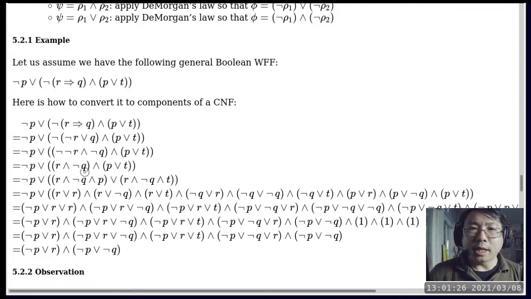distribution. Let me think about this. Right, so this is just distribution, and then from here to here, this is distribution again. So this is like the 3-item version of FOIL. FOIL is kind of like a Cartesian product, right?